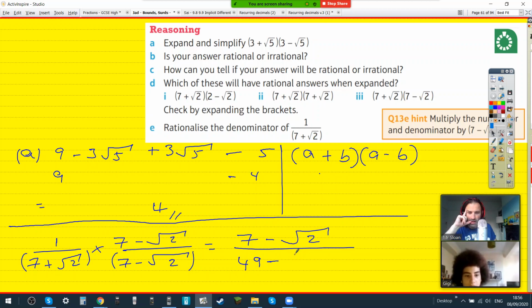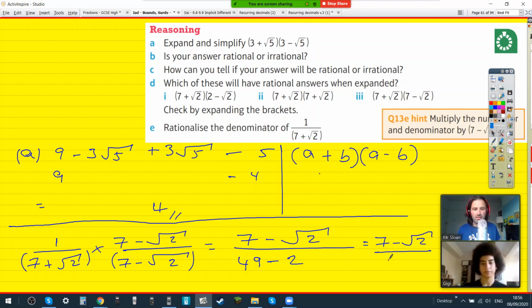Minus 2. Yeah. And so simplify the bottom. What's that number? 49 minus 2. Oh, 49 minus 2 would be 7 minus 2 over 47. Yeah. I think your brain's a bit melted, but that's it.